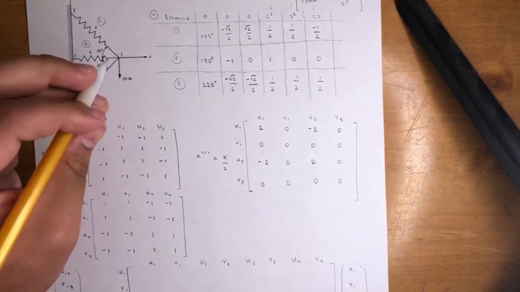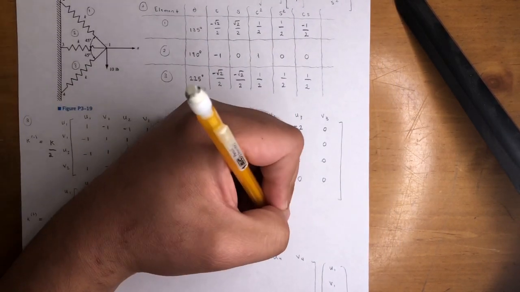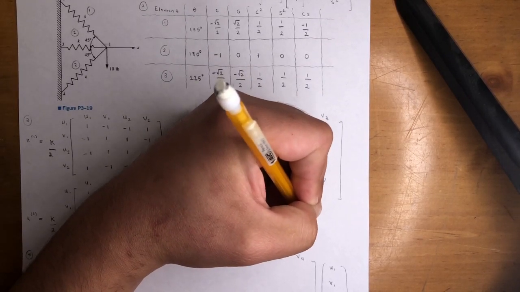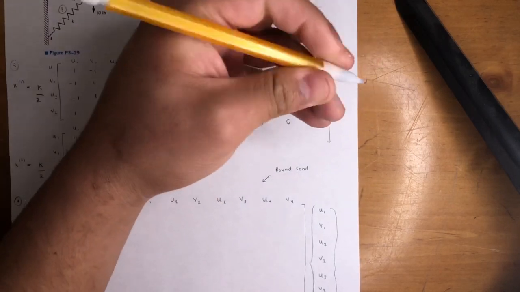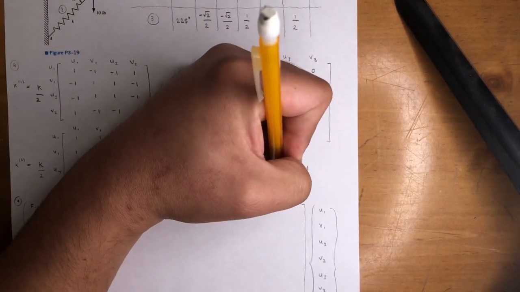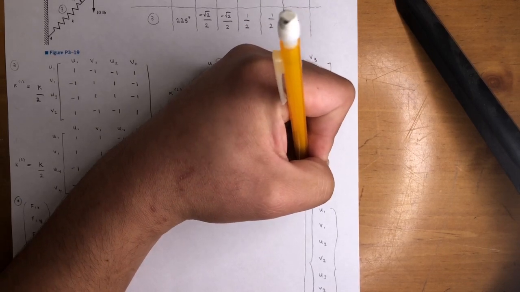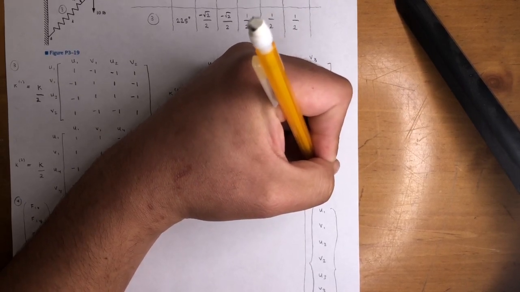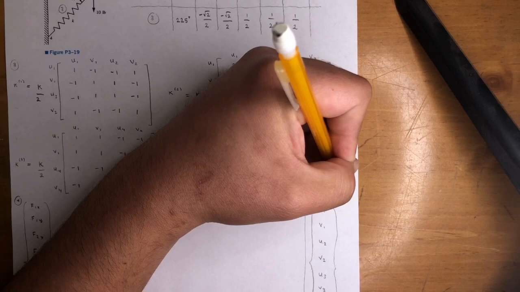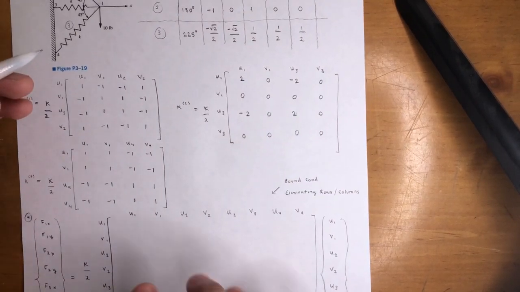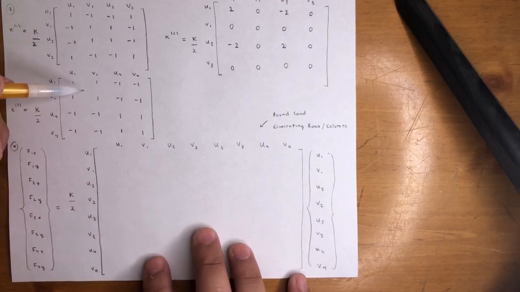You start applying the boundary conditions. This is what I'm going to do: boundary conditions by crossing out, eliminating rows and columns. Because you could go ahead and assemble the matrix by adding every single node.